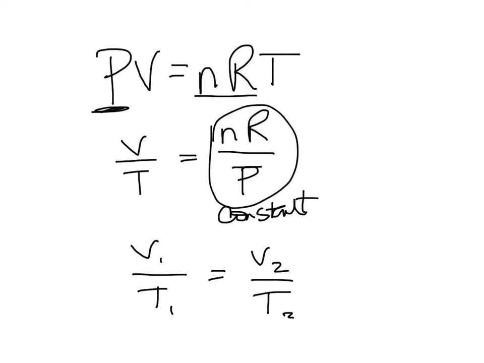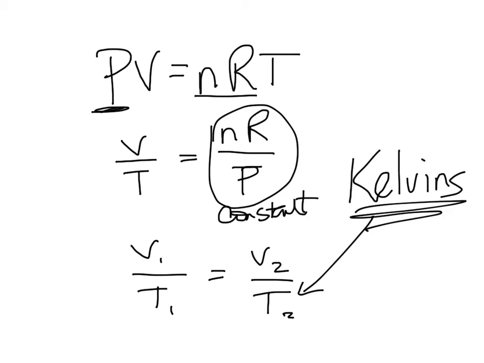Pay attention: this temperature has to be in kelvins. Whenever you are working with a gas, the temperature always has to be in kelvins. Kelvins equals degrees Celsius plus 273, so you always need to add that 273 to your degrees Celsius.